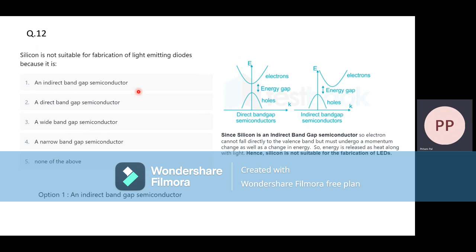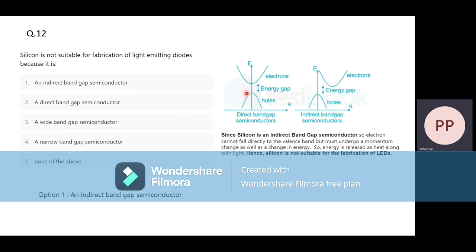For this, you need to understand what type of band gap silicon has and why it cannot be suitable. For that, you need to understand the band structure of silicon in E-K space. Since silicon is an indirect band gap semiconductor, electrons cannot.